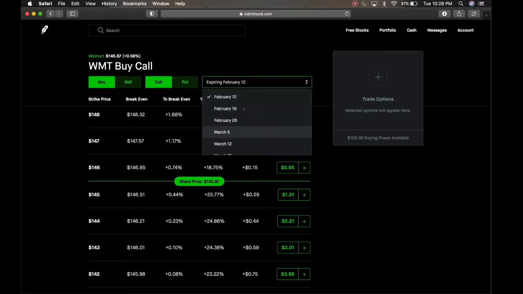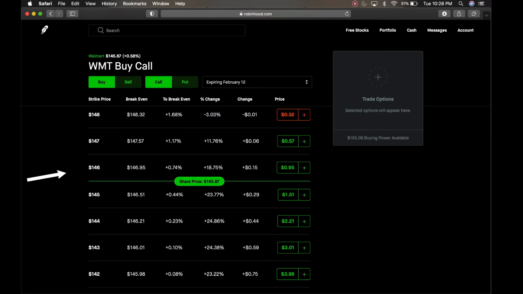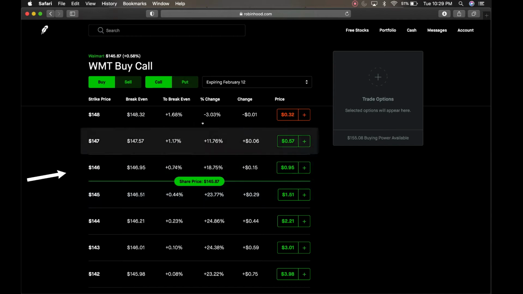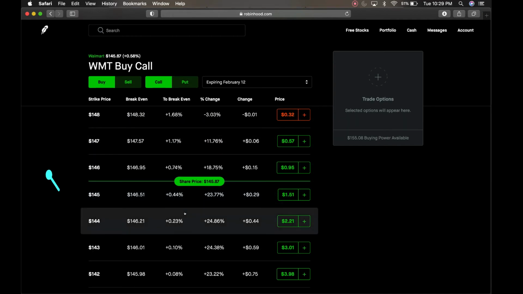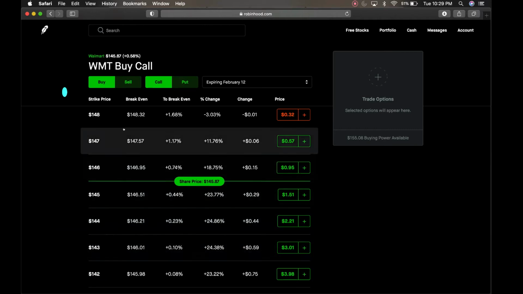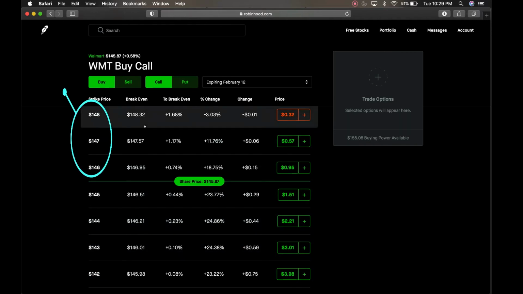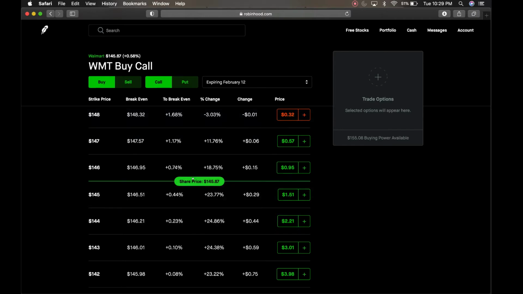and expiration dates. We have the strike price. We have the price. Okay, this is called in the money. This is called out of the money. Now, in the money, out of the money, you're going to hear that term a lot when you're trading options. The share price, Walmart, is trading at $145.87, right?